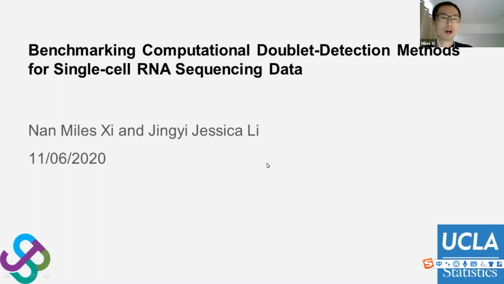First is what is computational doublet detection, that's the method itself. And the second is how we can evaluate all the current methods. The second point is probably relatively new to you because this is not to develop a new method, but to evaluate the current methods.